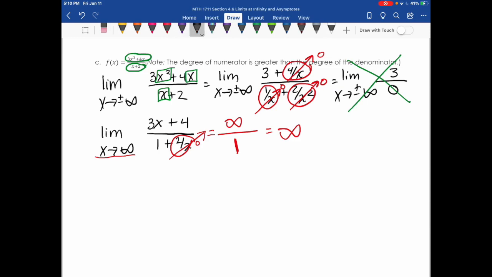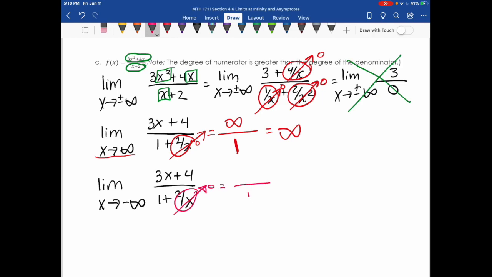Now going in the other direction, if I look at the limit as x approaches negative infinity, we're going to get the same expression because I'm going to divide everything by x. So I'm going to end up with 3x plus 4 over 1 plus 2 over x. And when I plug in numbers that are really, really big that have a negative sign in front of them, because we're approaching negative infinity, this approaches 0.